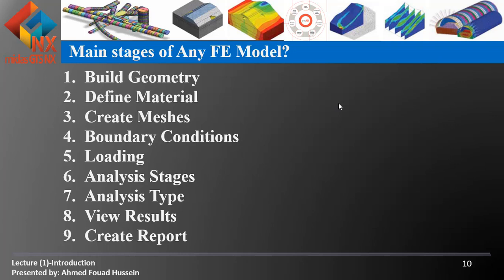The analysis stage is considered the most important stage, as we're going to see in our model, which defines the construction stages of our structure. Then we have to choose our analysis type, view the results, and create our report. So this is the basic procedure of creating any finite element model in any software.